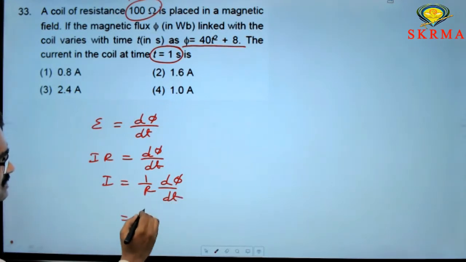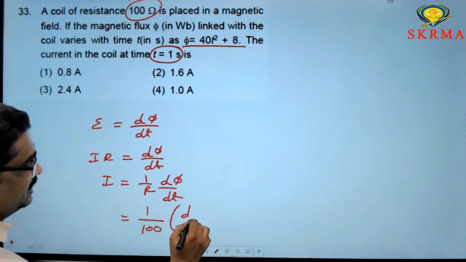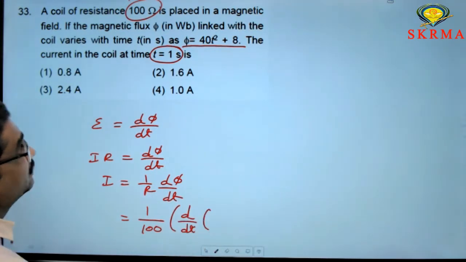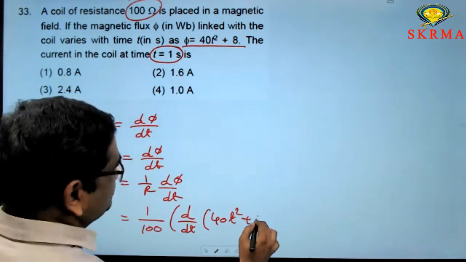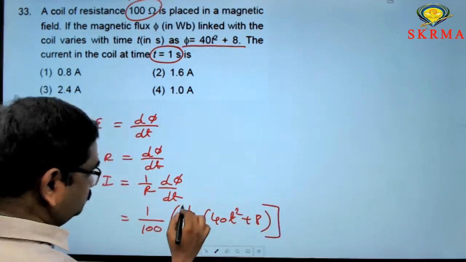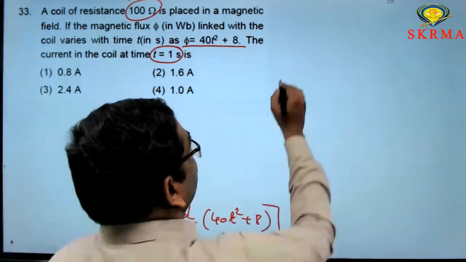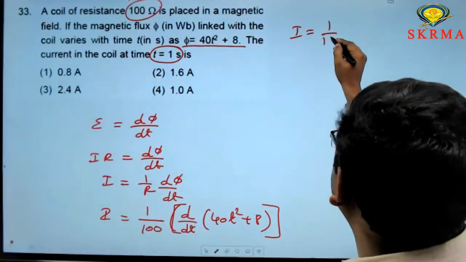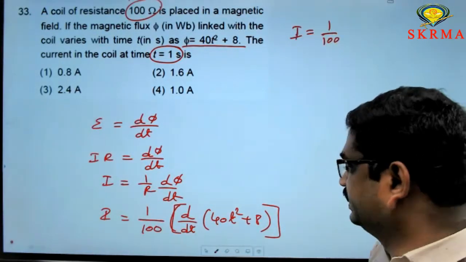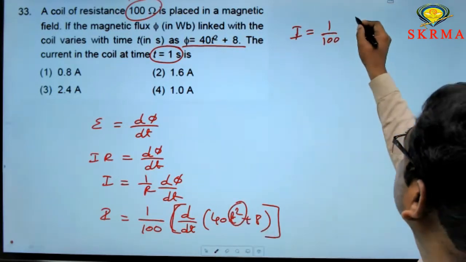Now substitute the values. 1 by R, R value 100. Now d by dt of the phi value, 40 t square plus 8. This is the current I. Now I can be written as 1 by 100 into d by dt. Derivative of t square is 2t.